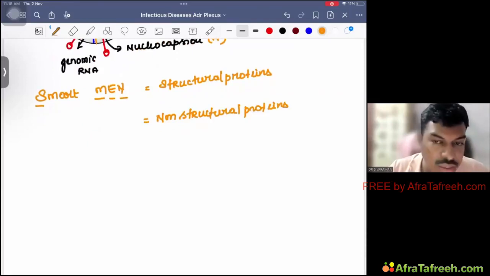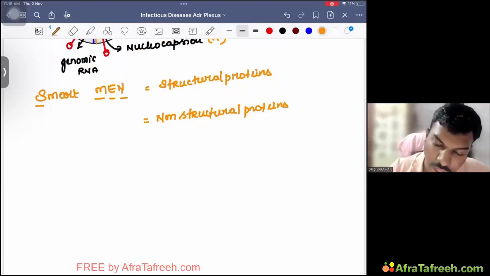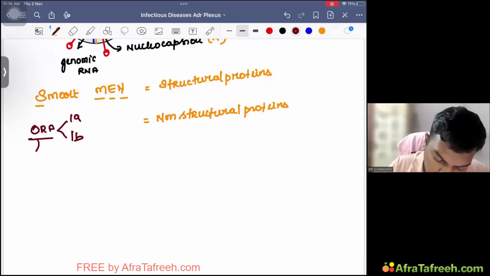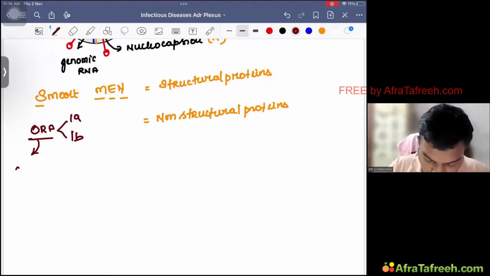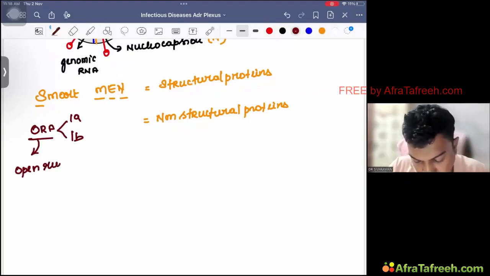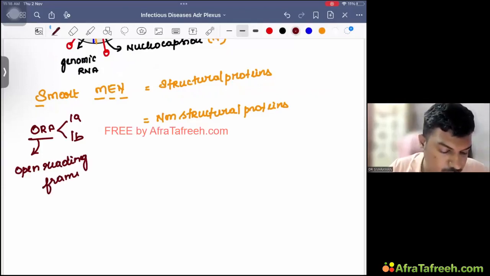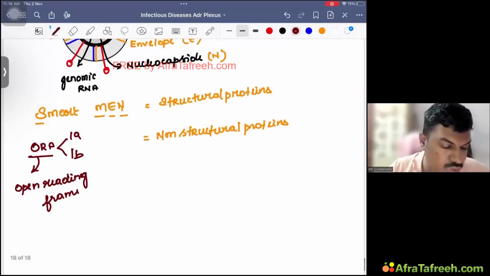The non-structural proteins are ORF1A and 1B. What is ORF? ORF is open reading frame, 1A and 1B. So these are the things you get to see here.